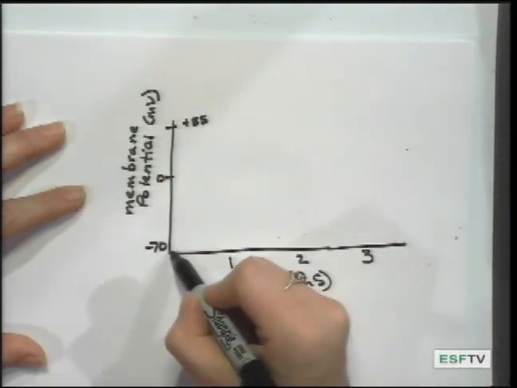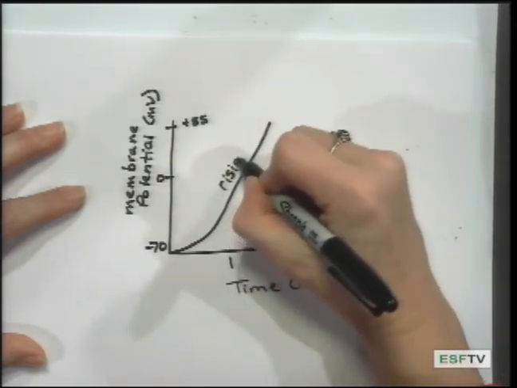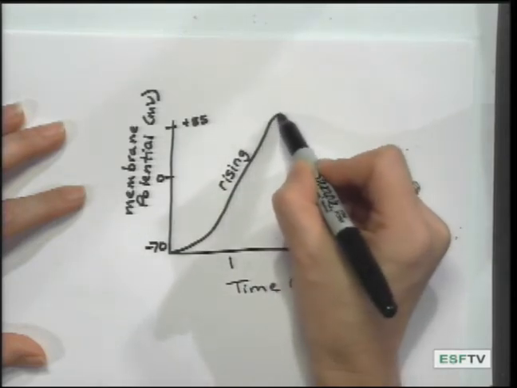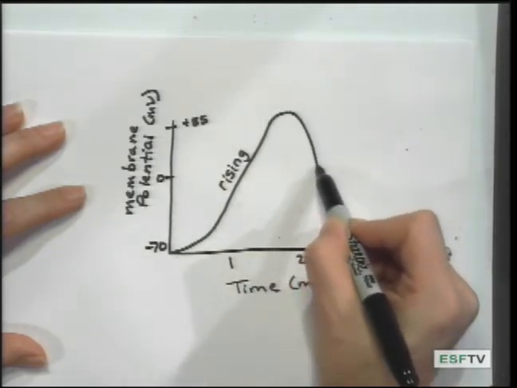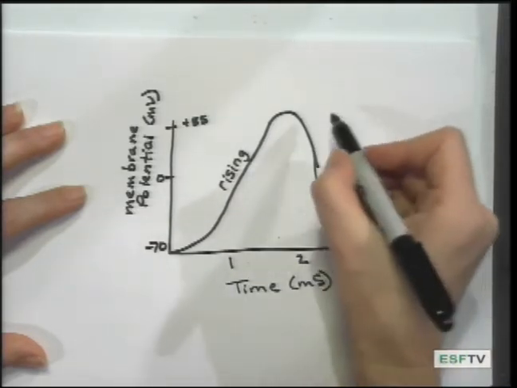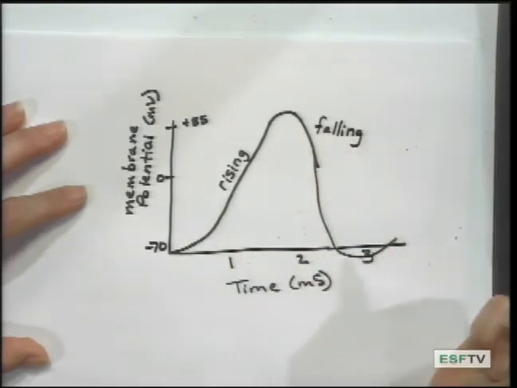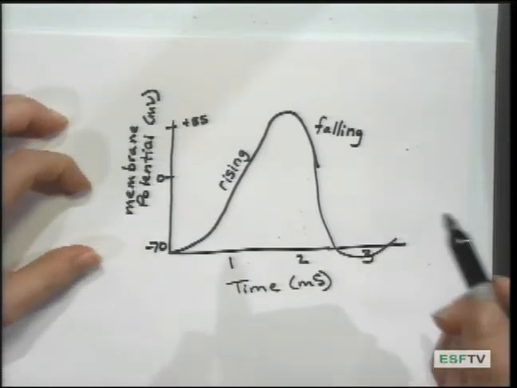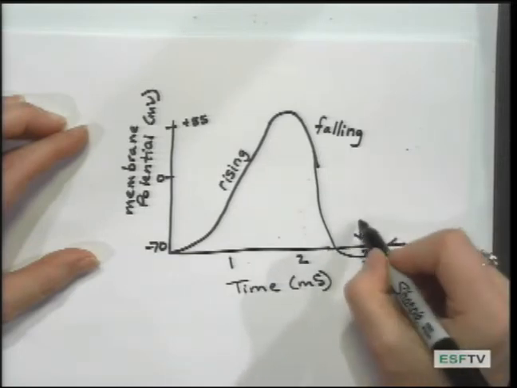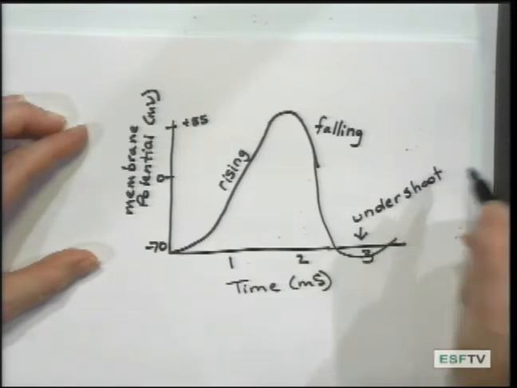So on the rising curve, those sodium channels are opening and sodium is entering. You'll get potassium channels opening during the falling phase to reestablish that resting potential back down to -70. And again, those potassium channels stay open a little bit longer than necessary, which leads to this going a little bit more negative than the resting potential.